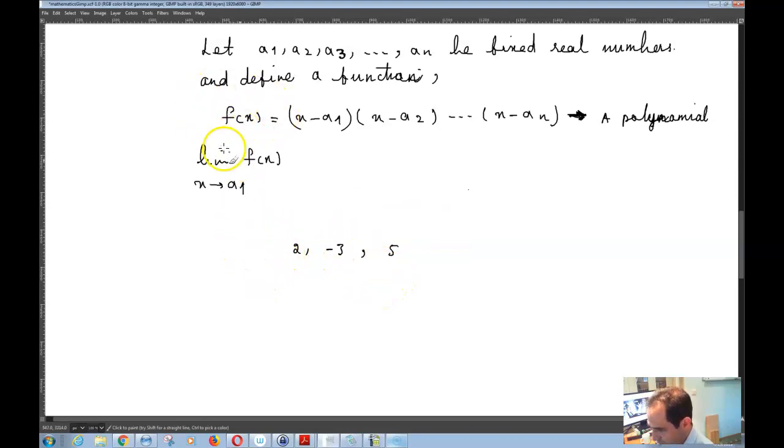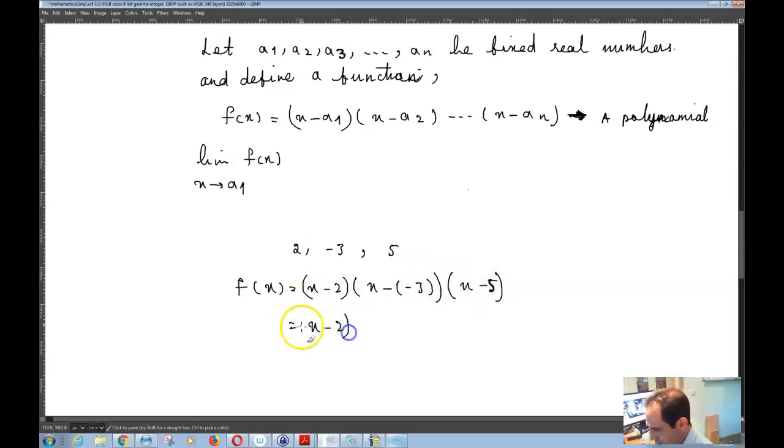So then you will be able to write your polynomial as f of x is equal to x minus 2 times x minus negative 3 times x minus 5, which is the same thing as x minus 2 times x plus 3 times x minus 5. That is your f of x.